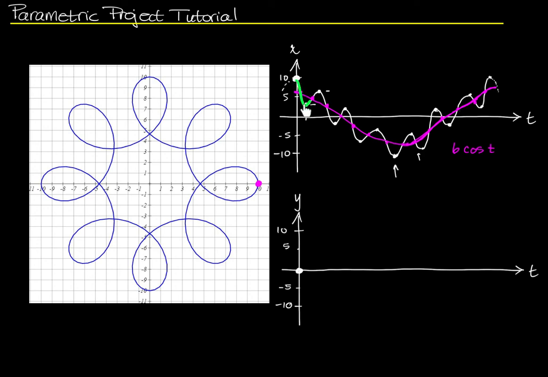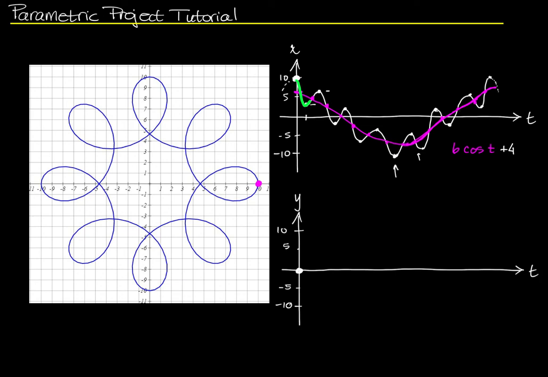So if I want this white graph, I'm going to have to take the pink graph, which is this equation, and add something to it. In fact, I'm going to have to add enough to it to get to 10. So since my pink graph is 6 times the cosine of t, I'm going to have to add 4 times something. So now my job is to figure out what that something is. It's either a sine or a cosine, and I have to figure out how many cycles there are.